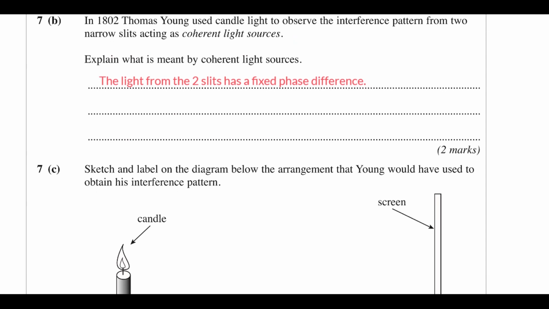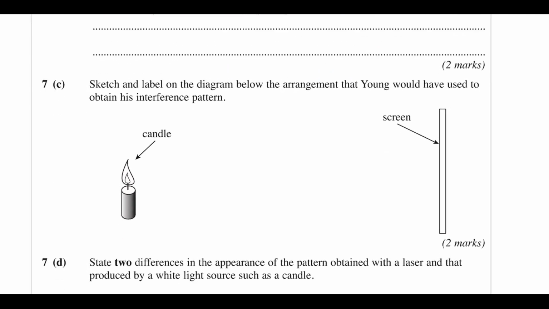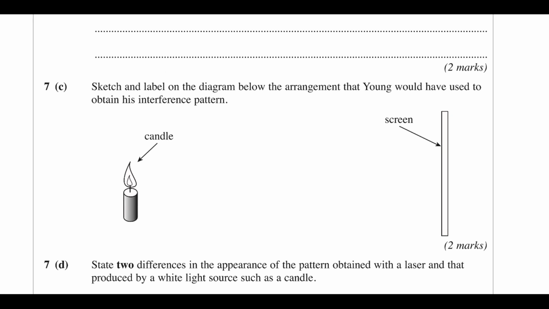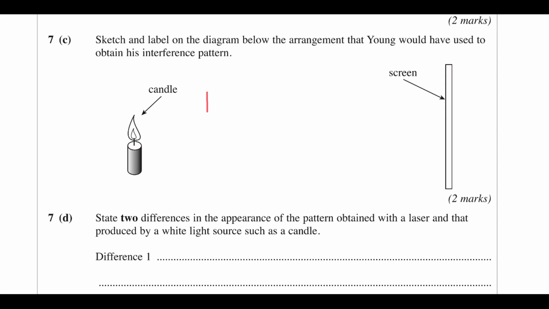That's pretty straightforward. But anyway, sketch and label on the diagram the arrangement Young would have to use to obtain his interference pattern. So to get the candlelight to be coherent, you need to use a single slit first. Let's draw one of those. So it needs to go through a single slit, and then that is shone through a double slit, because light spreads out from this one slit, which gives you your coherent sources of light.